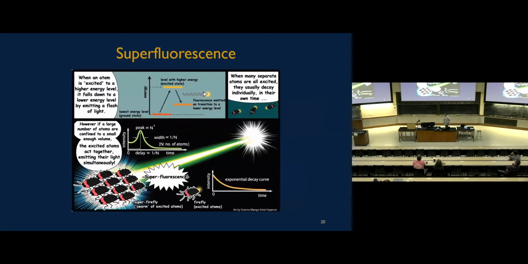And this is a cartoon that someone made, a Japanese manga artist going by the name of Hayano. So it's like fireflies. So a firefly is like a single fluorescent thing. And these materials that are superfluorescent, think of them as a bunch of fireflies that have come together.